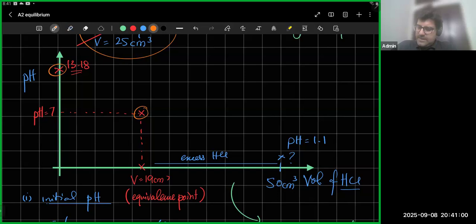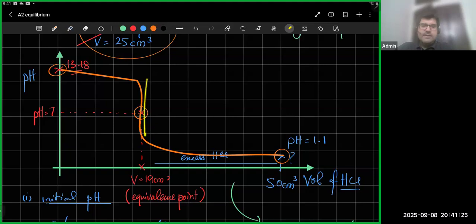So the one last thing is that there are 3 points. The pH curve normally doesn't really move much. Most of the pH movement happens around the equivalence point.